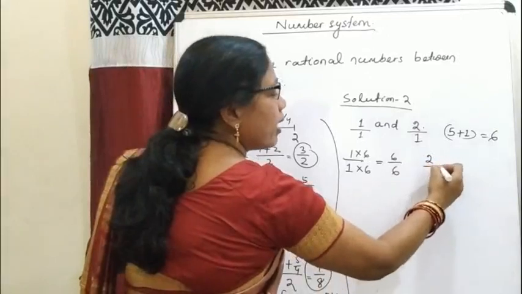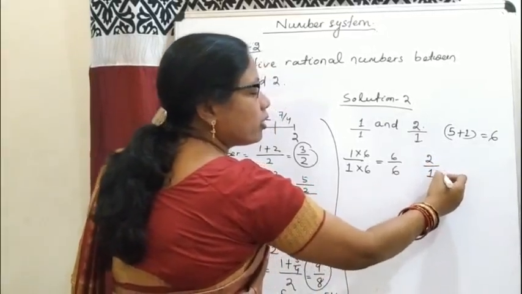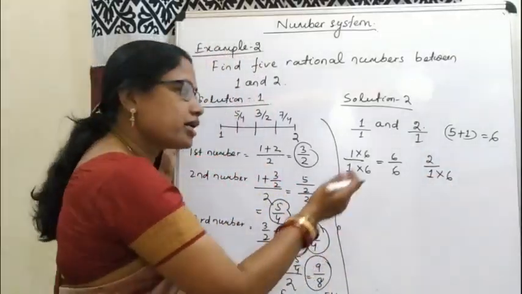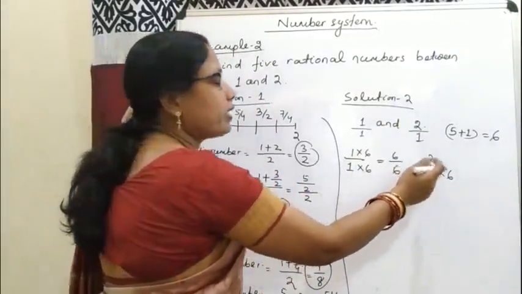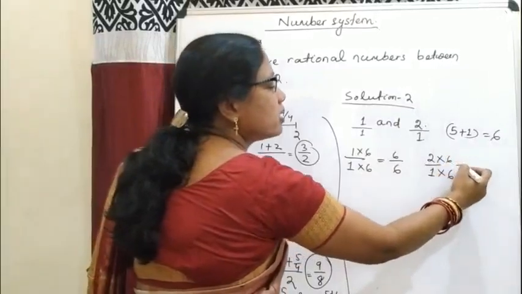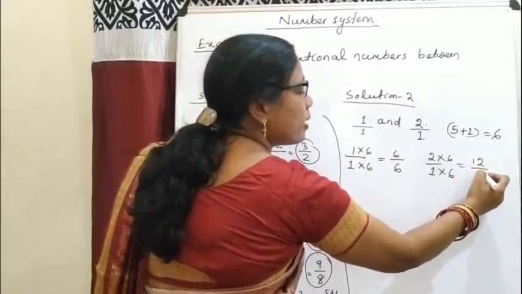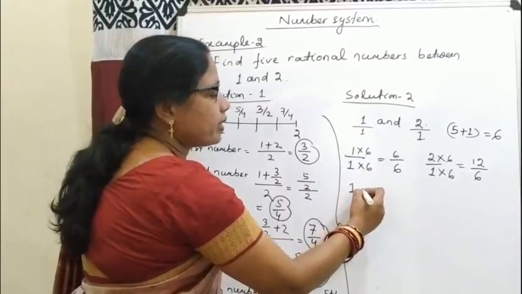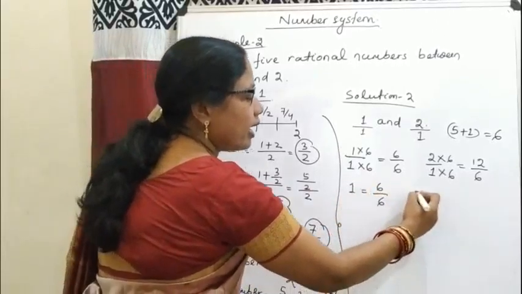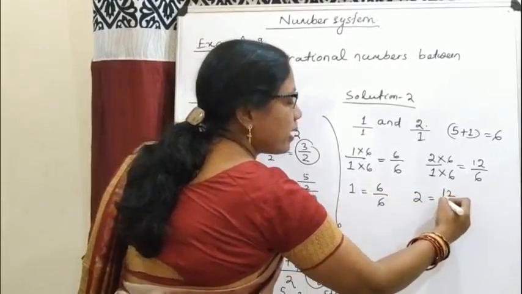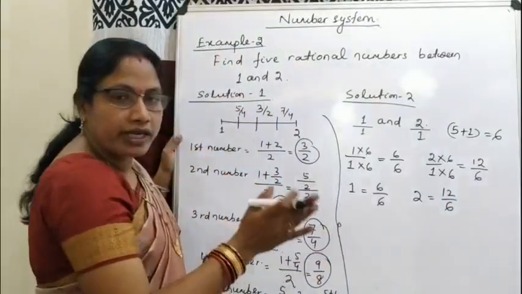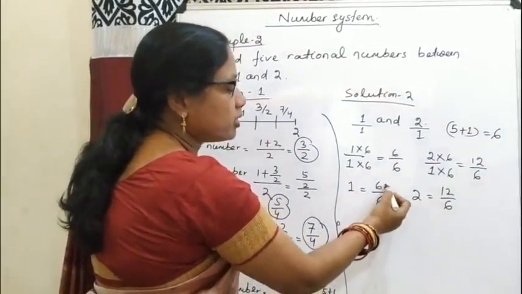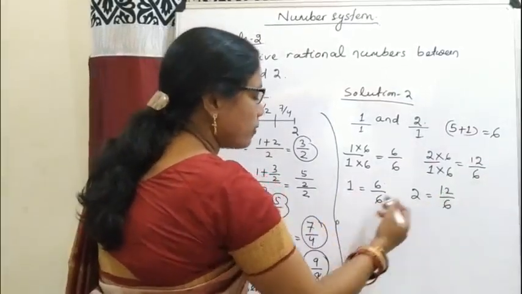And 2 by 1. So to make the denominator 6, we have to multiply the denominator by 6 and also we have to multiply the numerator with 6. So this is equal to 12 by 6. So now 1 can be represented as 6 by 6 and 2 can be represented as 12 by 6. So now it is easy for us to find 5 rational numbers between 6 by 6 and 12 by 6.